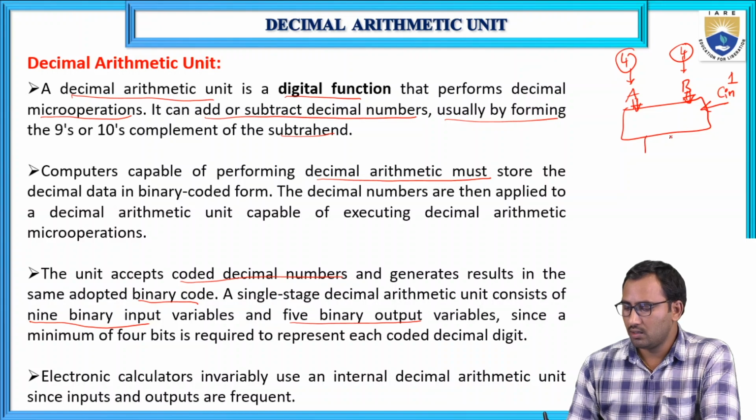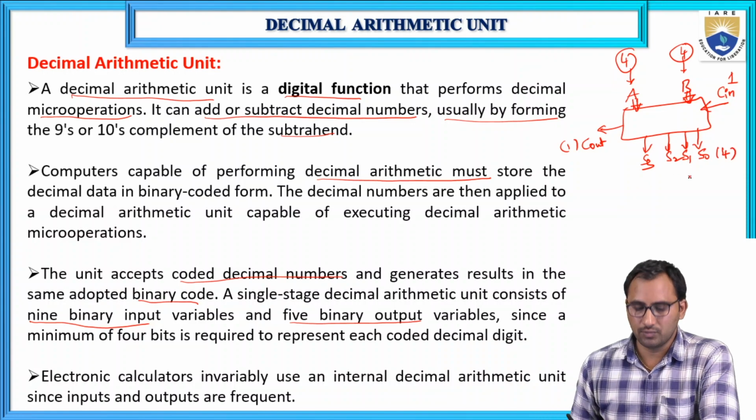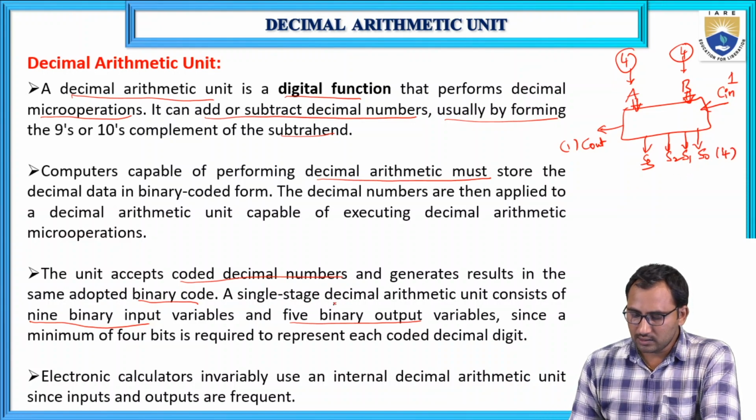And 5 output variables: these are the sum values S0, S1, S2, S3, which are 4 bits, and 1 output carry, Cout. So total 5. So a single stage decimal arithmetic unit consists of 9 binary input variables and 5 binary output variables, since a minimum of 4 bits is required to represent each coded decimal digit.